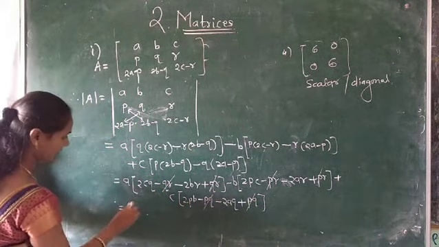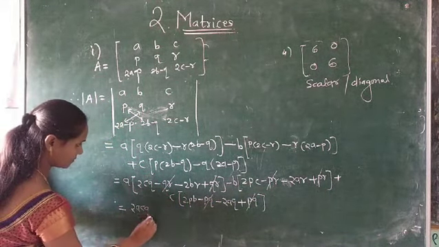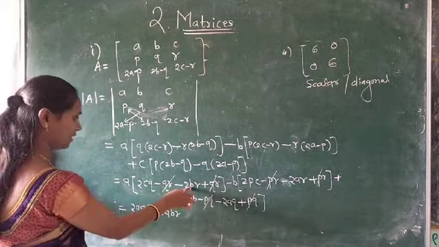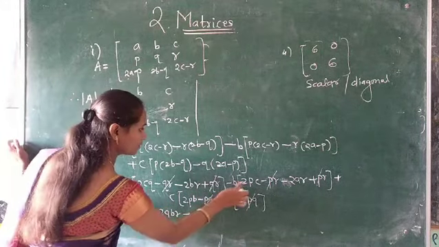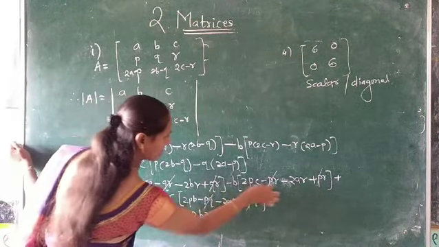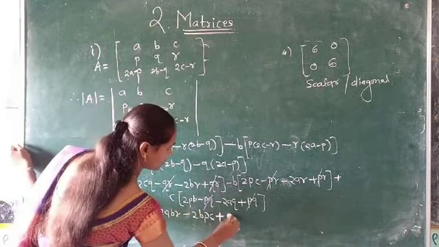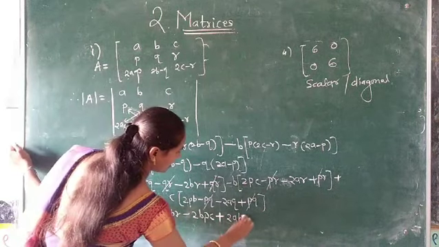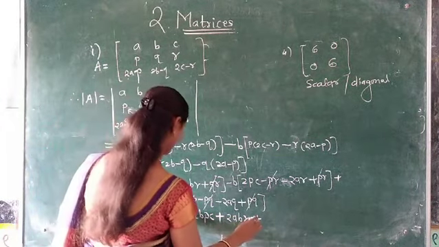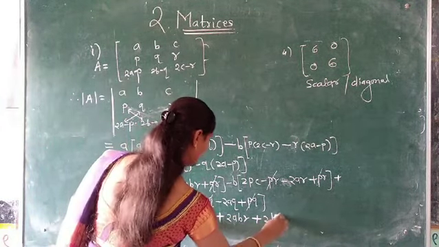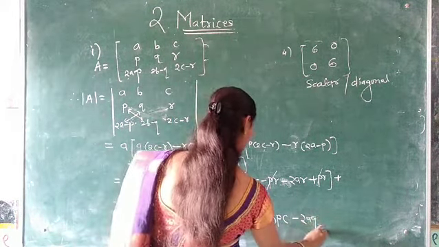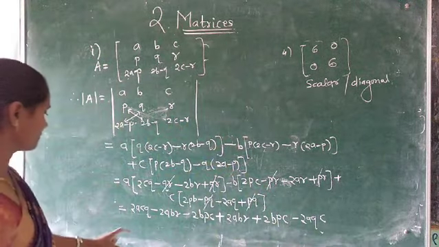Now multiply by A. So 2ACQ minus 2ABR. Now minus 2BPC, again minus plus 2ABR, plus 2BPC and minus 2AQC. Now look at this, which terms are the same?